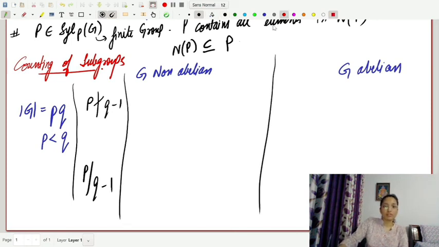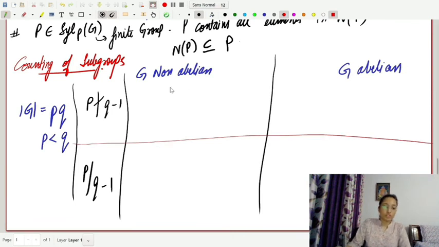We have for G non-abelian and P doesn't divide Q minus 1, it cannot be possible because in the case when P doesn't divide Q minus 1, we have that G is cyclic and hence abelian.